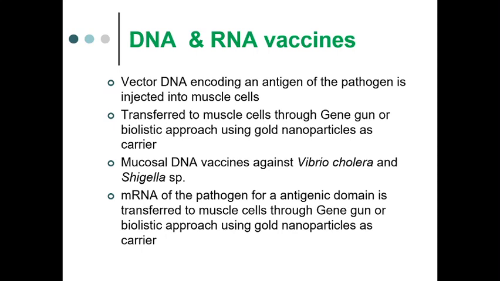But these proteins will not prevent this mRNA from being expressed in the host cell protein synthesis apparatus for the production of the antigenic domain that is required as an antigen as a subunit vaccine.